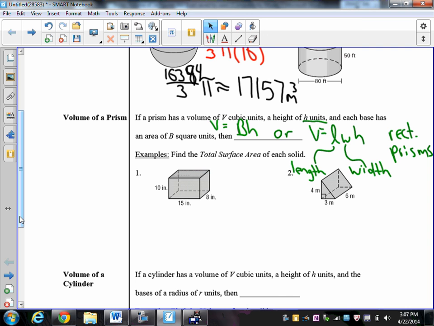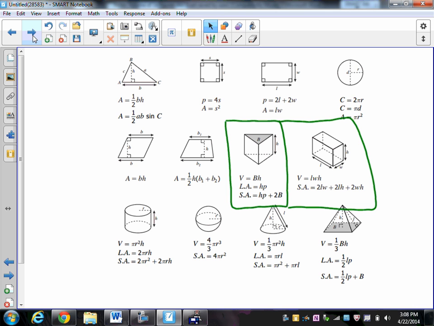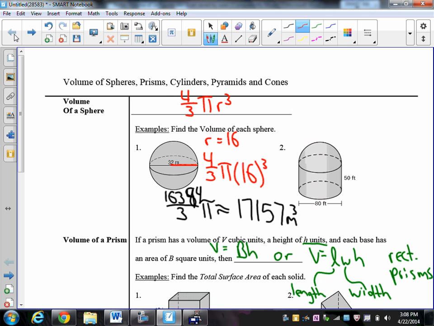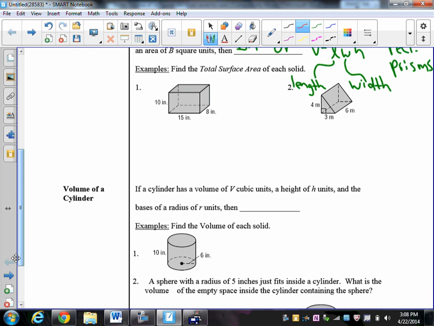So if I take a look at number 1, I see that is a rectangular prism. In order to do number 1, I'm going to use this formula right here. I'm looking for volume. So the volume is going to be equal to length times width times height. So I can call the length 8 inches, the width 15 inches, and the height 10 inches.